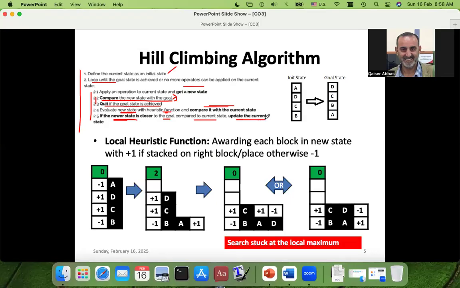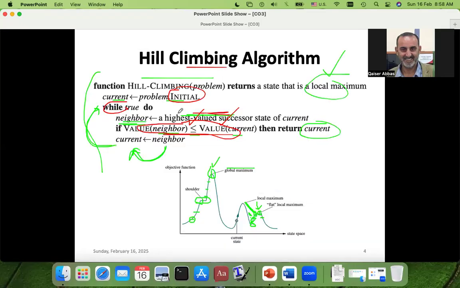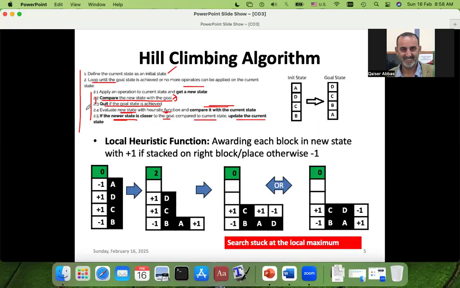You are updating the neighbor into current. This is the same thing written here, but here we have not mentioned less than or equal to. We are saying heuristic function, and it can be different. And here we have a different problem.